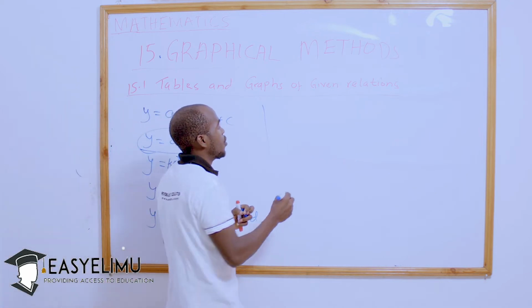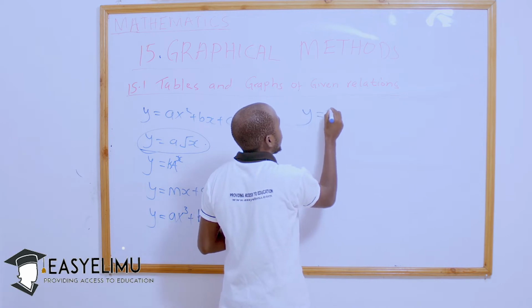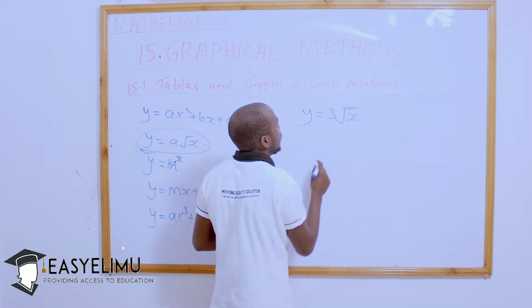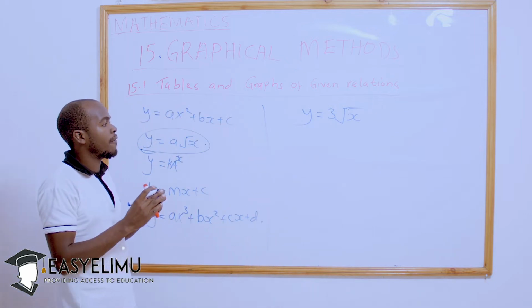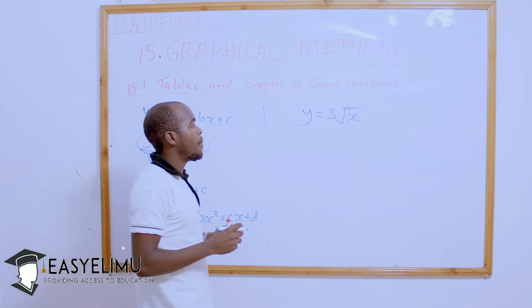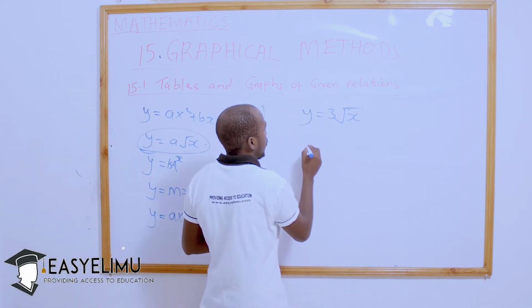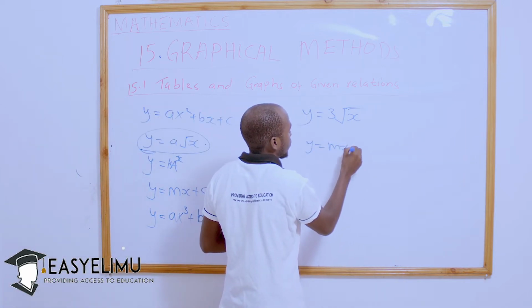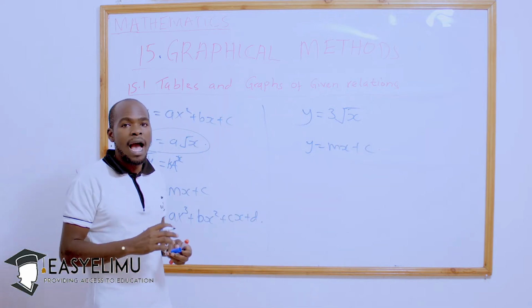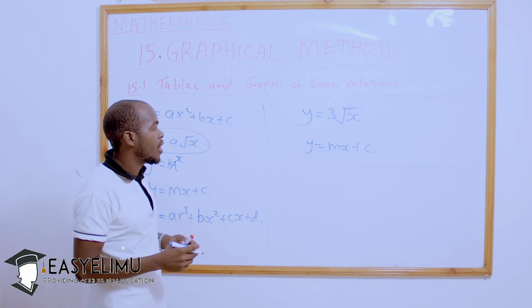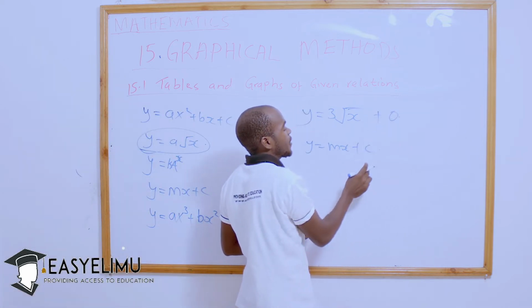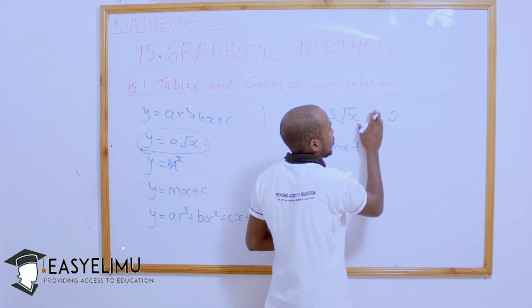So I'm going to tackle that of y equals 3 root of x. If you have been given a function like that, that is like a linear function in the form y equals mx plus c, but here x has been a little bit complicated and c is equal to 0. So c is not present, it has no y-intercept.